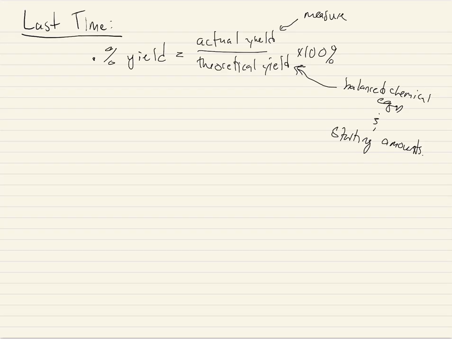And what does it mean when I say non-stoichiometric amount of each reactant? Does anyone remember? It's sophisticated language, but... So we're not mixing things according to the balanced chemical equation, right? Because usually when we mix things together, we weigh stuff out and mix them together. We have different concentration solutions and we mix them together.